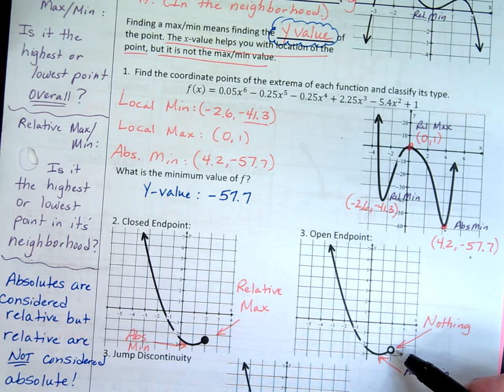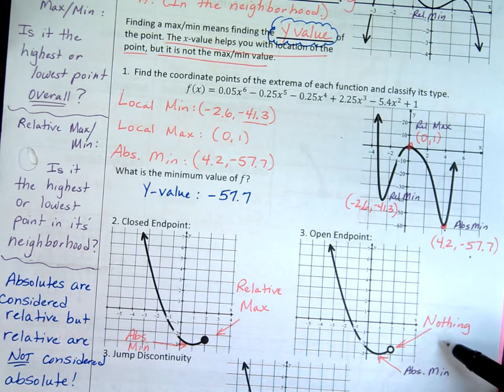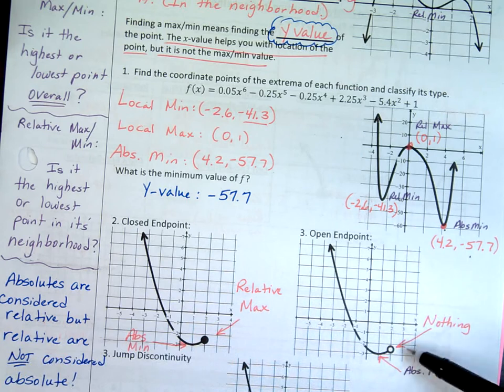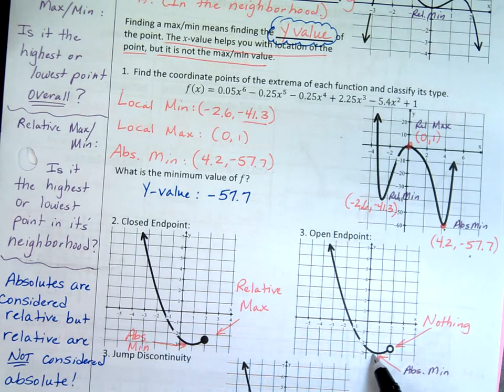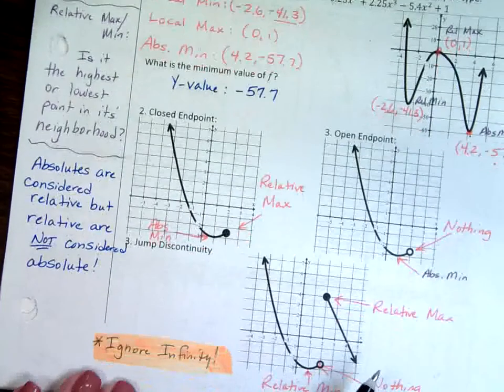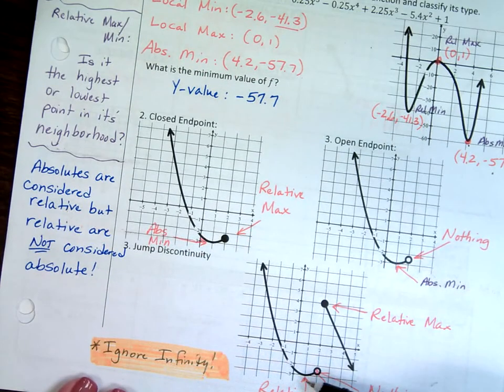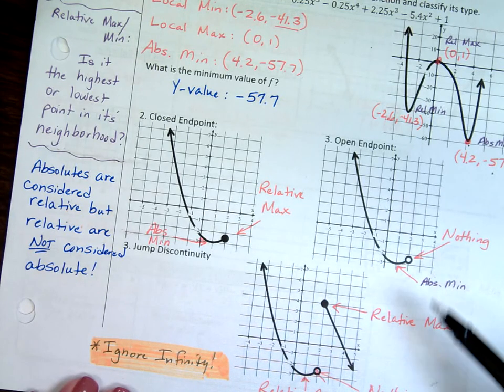It's an open circle. So there are no relative maximums in this, even though it does kind of go up a little bit because of the open circle. But this is still the absolute minimum. It's still the lowest point overall. And then the last one, you've got still the lowest point overall. Actually, no, he called this now a relative minimum.